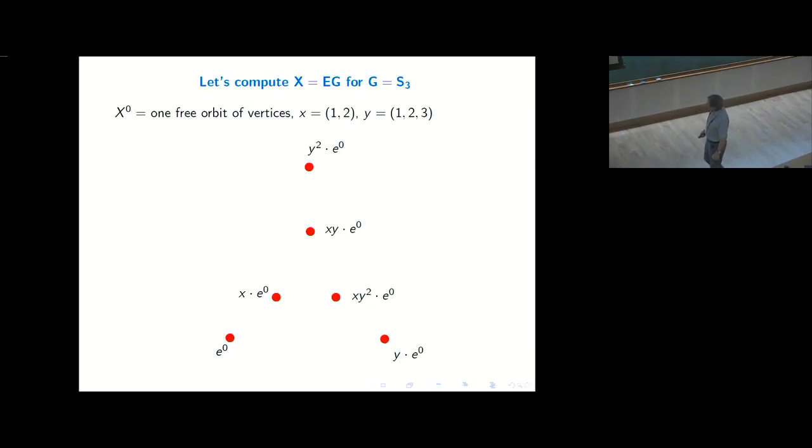Now I choose an arbitrary pair of 0 cells at random, and I draw an edge between the two cells. The action on the cells actually induces an action on that edge. Whenever I add an edge, I'll have to add 6 copies.